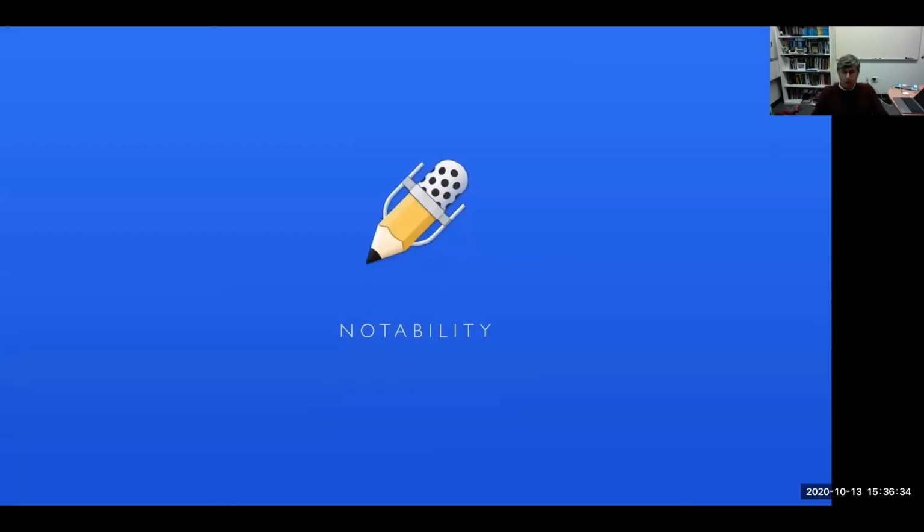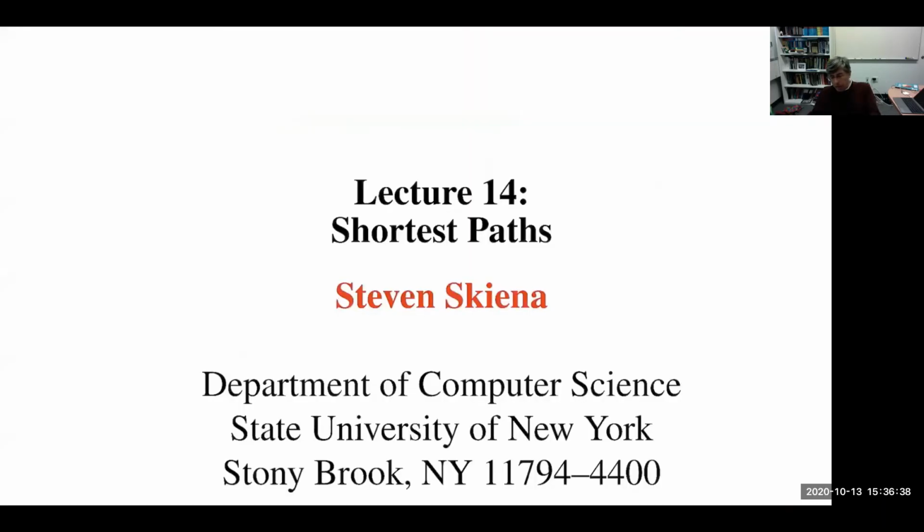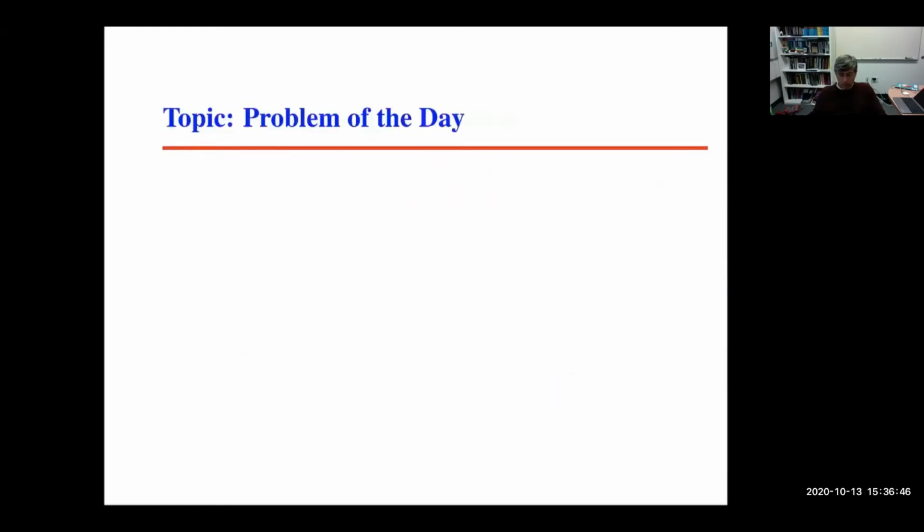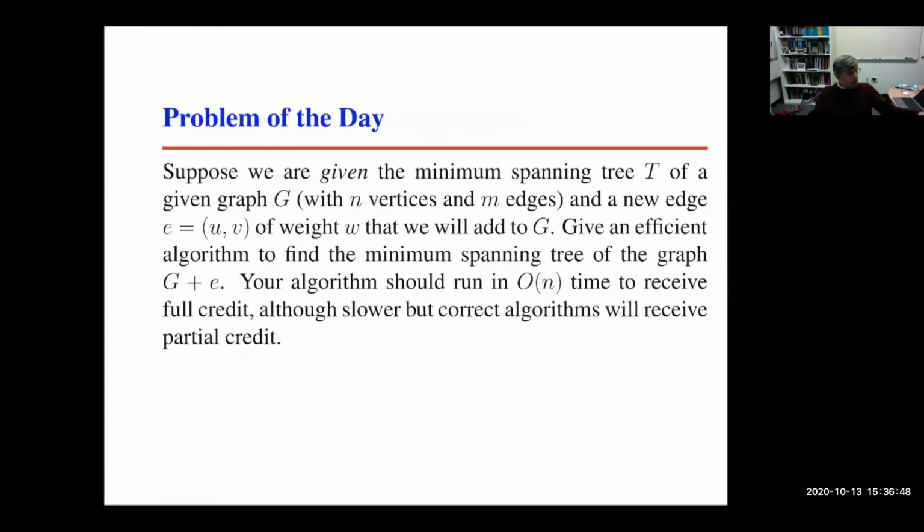Okay. If not, I'd like to now get to the daily problem because I think we get a couple of other ways of thinking about it. What is the daily problem today? The problem of the day said we are given a minimum spanning tree of a graph, and we're given a new edge that's going to get added to the graph, not the spanning tree.